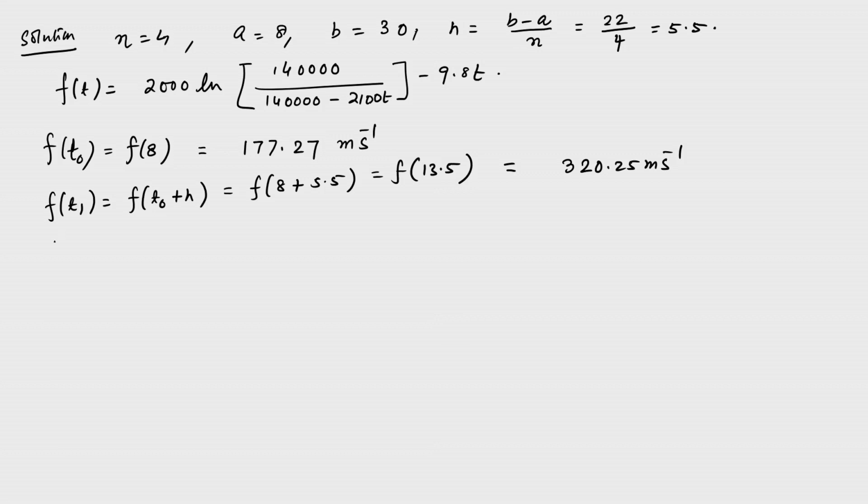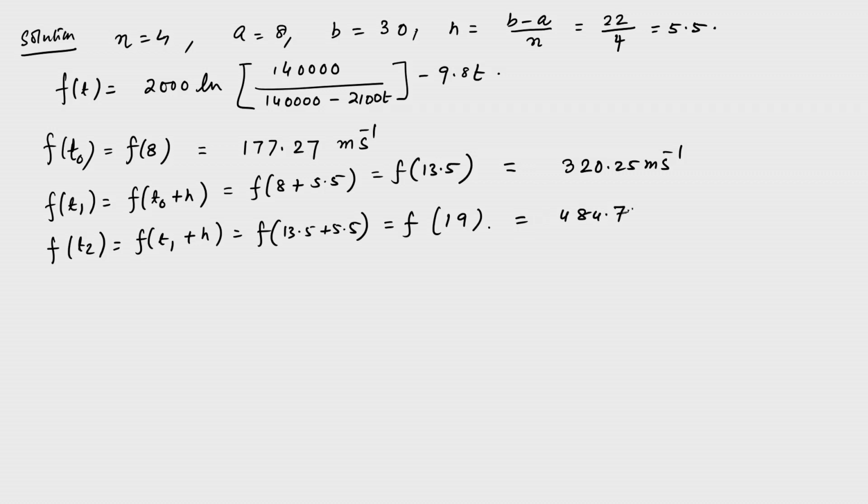And what is f 2? That is t 1 plus h, which is 13.5 plus 5.5, which is f of 19, and we have calculated it earlier, 0.75 meter per second.